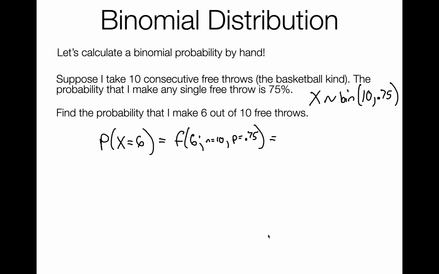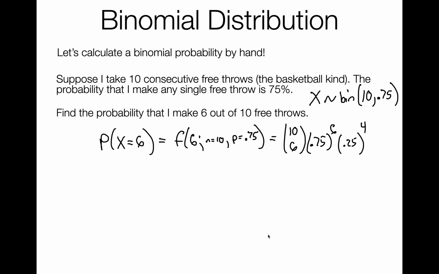The formula is n choose x, so that's 10 choose 6, times the probability of success 0.75 to the 6th power, times the probability of failure, 1 minus 0.75, which is 0.25, raised to whatever's left over, the fourth power.